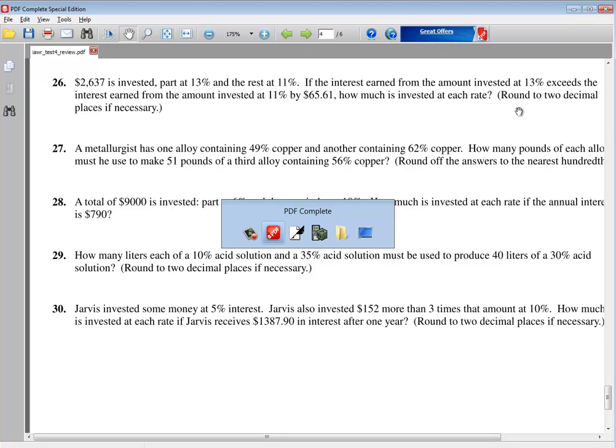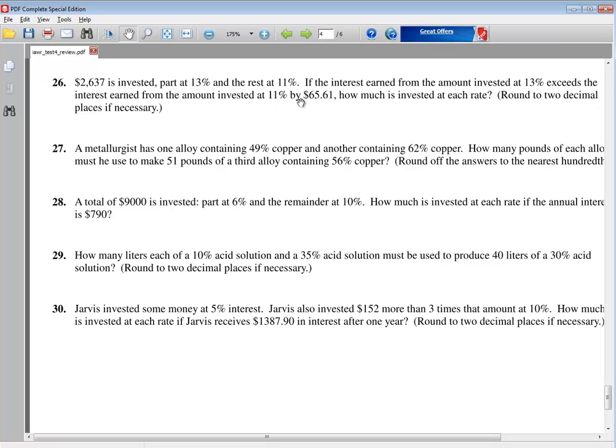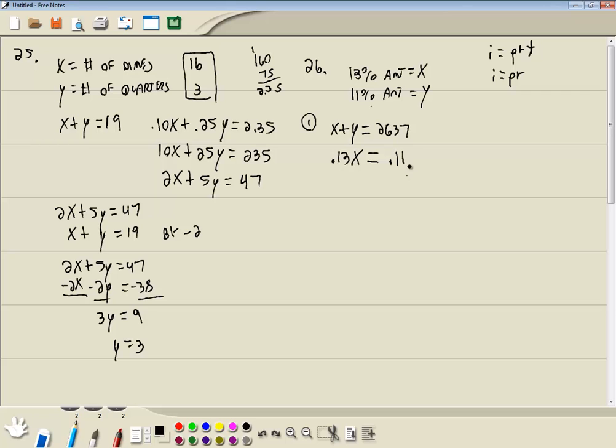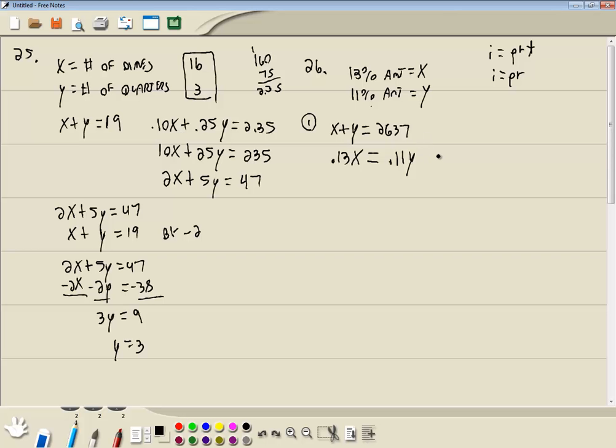So 0.13x exceeds the interest earned from the amount invested at 11%, 0.11y, by 6561. Okay, so this amount at 13% exceeds this amount by this much.